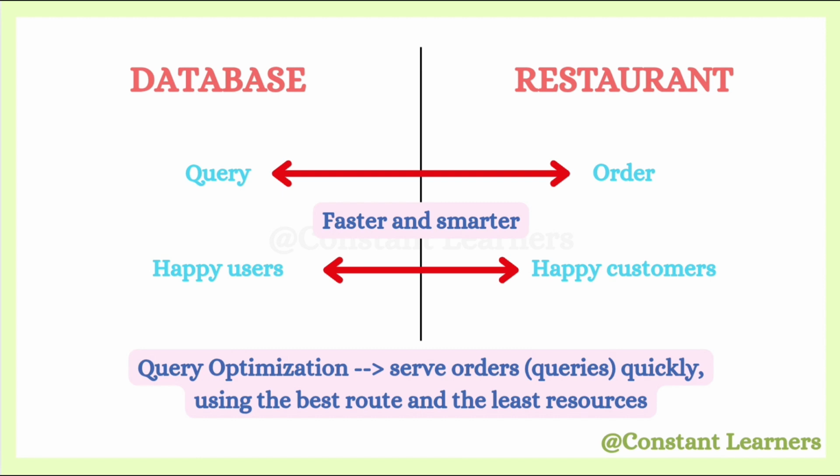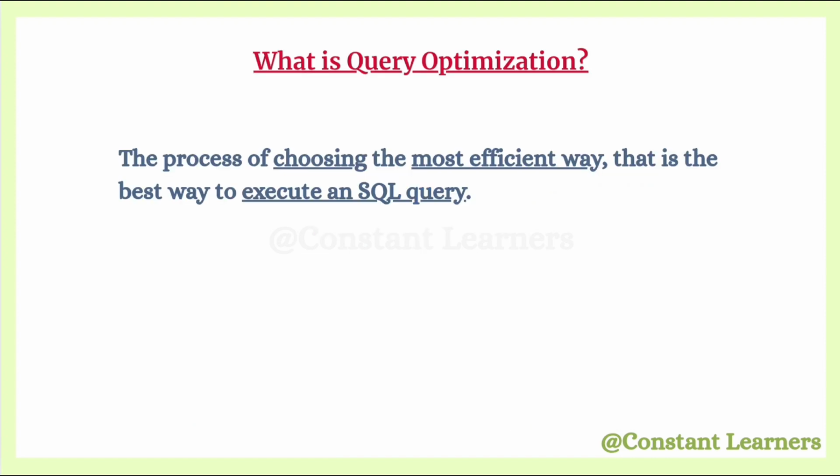That's where query optimization comes in. It helps the kitchen, that is the database, serve orders, that is queries, quickly, using the best route and the least resources. The database system analyzes different ways to answer your query and picks the fastest plan, just like a chef deciding the quickest way to cook a dish.